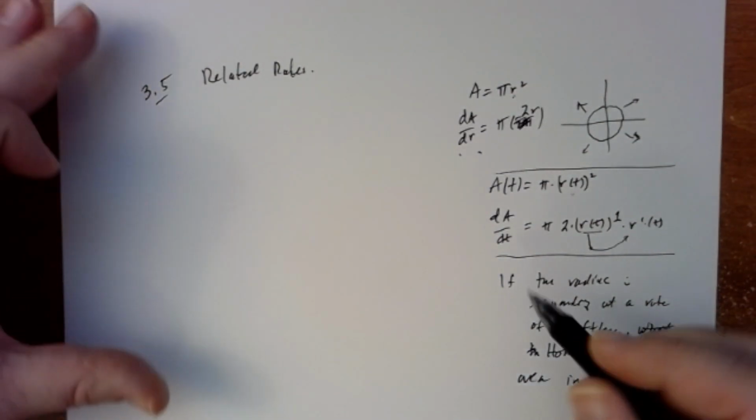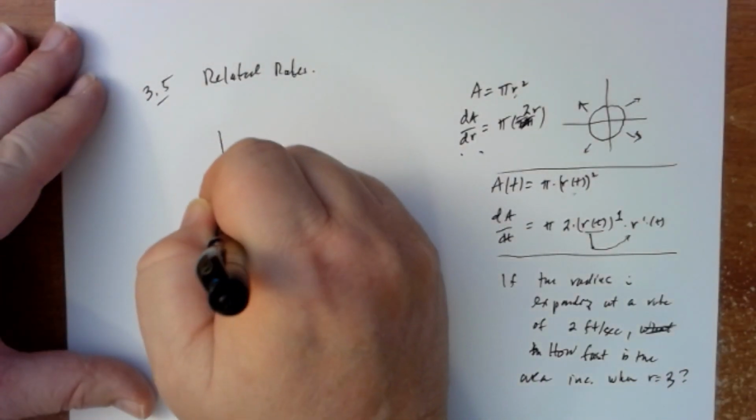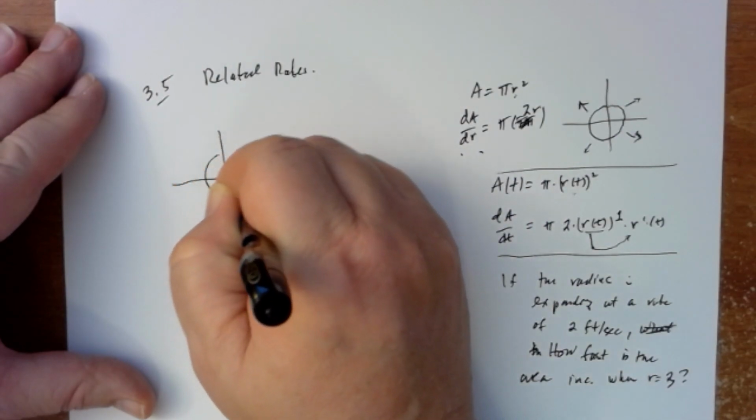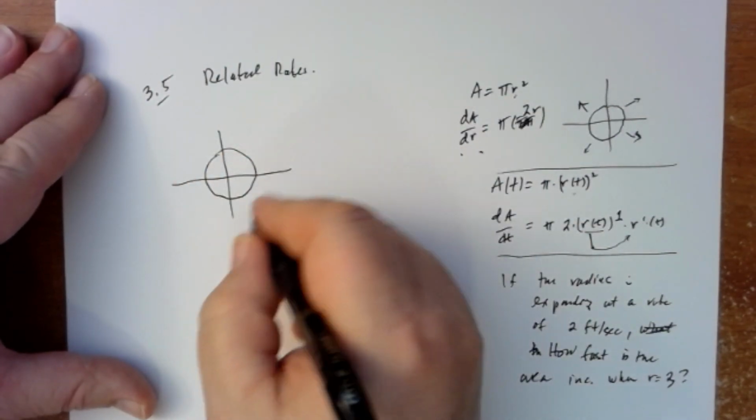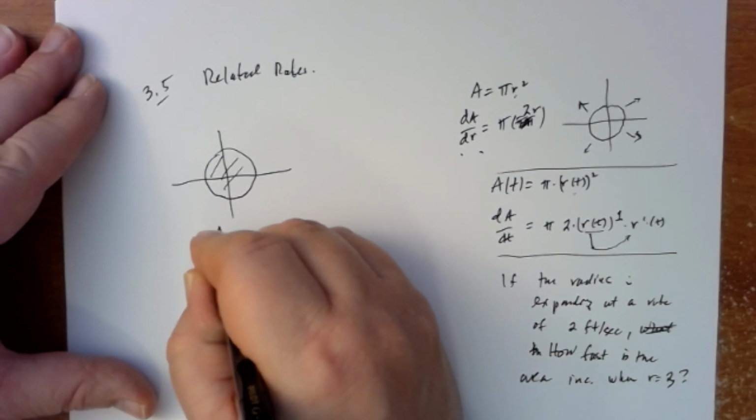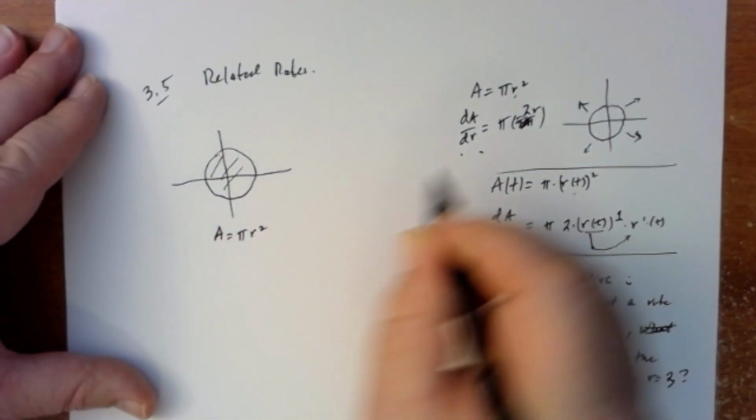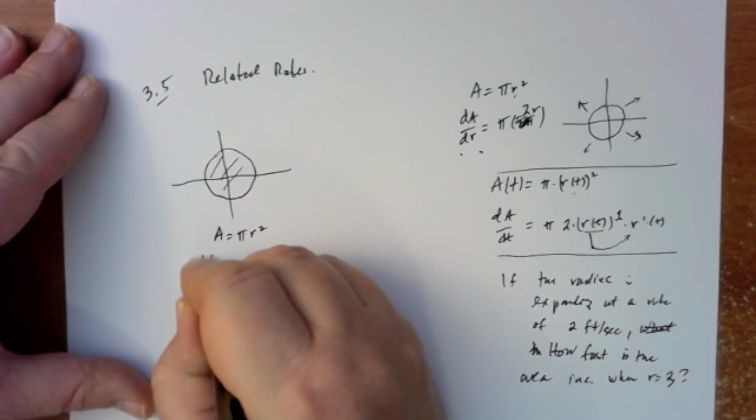Good. Then, we would start off with our circle. And so the basic formula here is that A is equal to pi r squared, just like before. But now remember that we're treating these as functions of time.